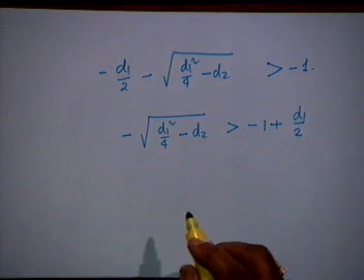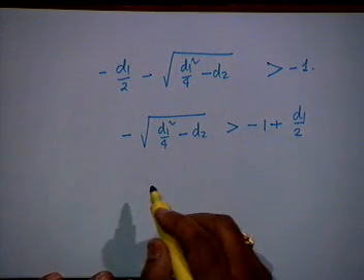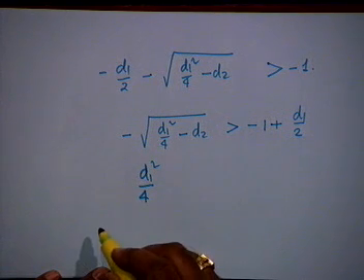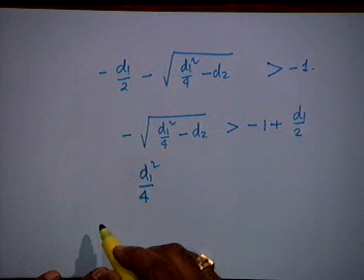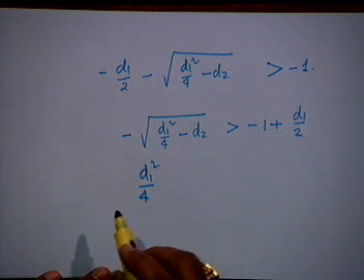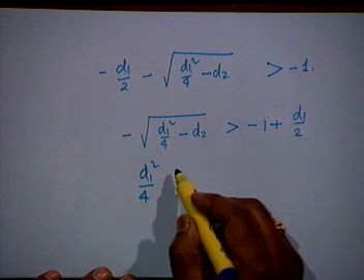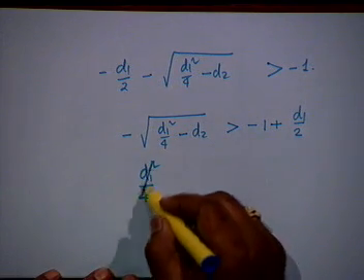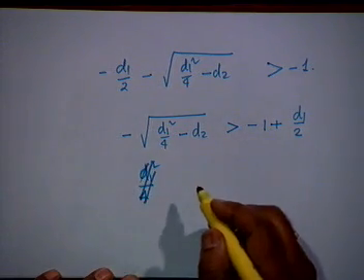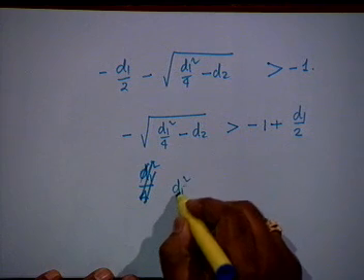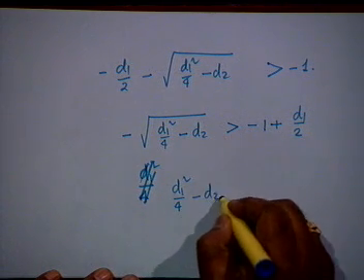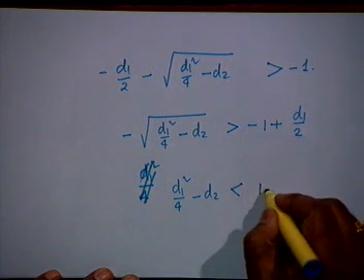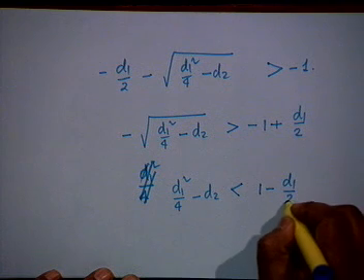Now, if I square both sides, there is a problem of sign. So, let us change the sign. That is d1 square by 4 minus d2 should be less than 1 minus d1 by 2.